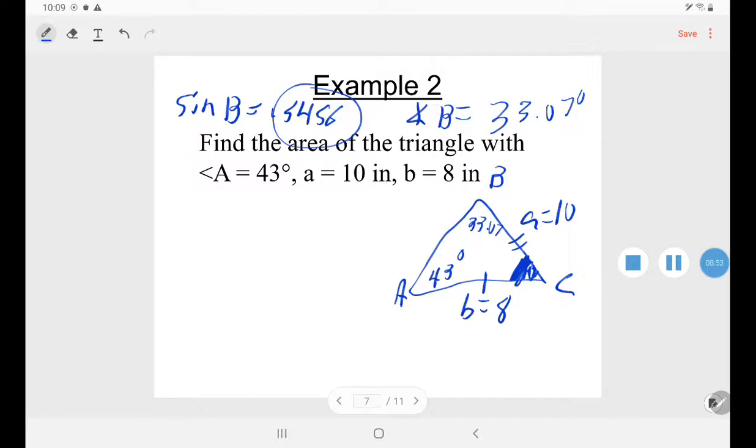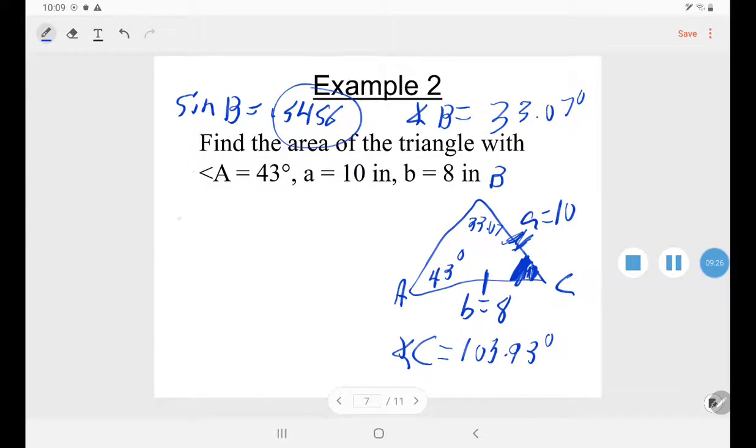So if I take 43 plus 33.07, that gives me 76.07. I subtract that from 180, and I've got that angle C is 103.93 degrees. Now what I have is a side, another side, and the angle in between.